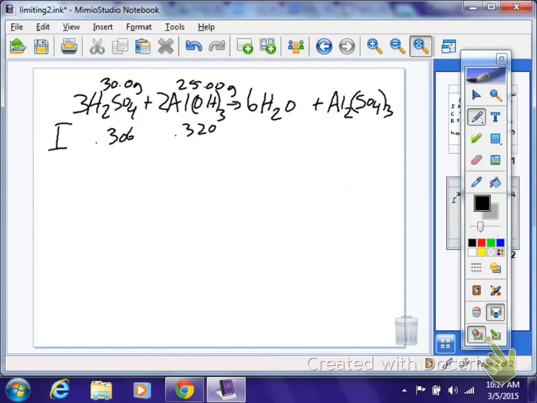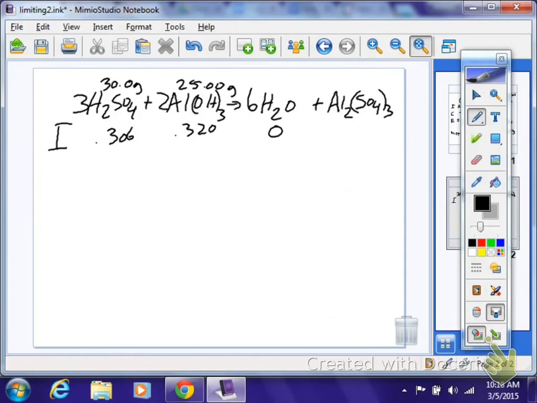Okay, questions? How did I get that? I took 30 divided by the molar mass of H2SO4, which is 98.10. And then for aluminum hydroxide, I took 25 divided by its weight, which is 78.01. And there's my moles. Okay?